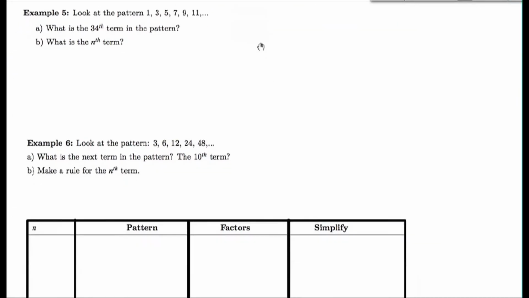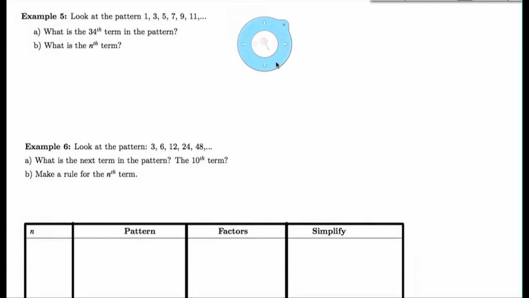Okay, example 5. Look at the pattern 1, 3, 5, 7, 9, 11. What is the 34th term in the pattern, and what is the nth term? Basically, this is asking us what's the equation for the nth term.